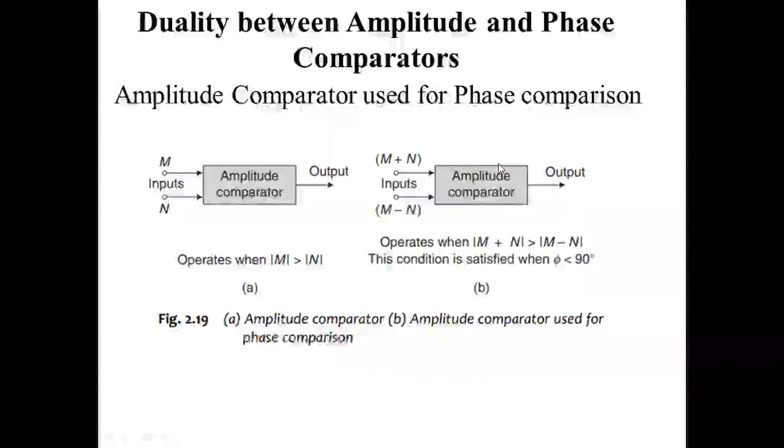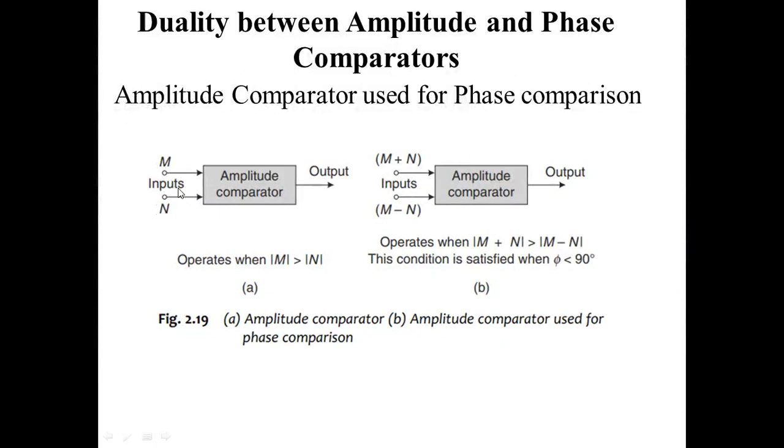Here, M is greater than N. What is the principle for that relay? The relay operates when the operating quantity is greater than the restraining quantity. In that amplitude comparator, M represents the operating quantity and N represents the restraining quantity.